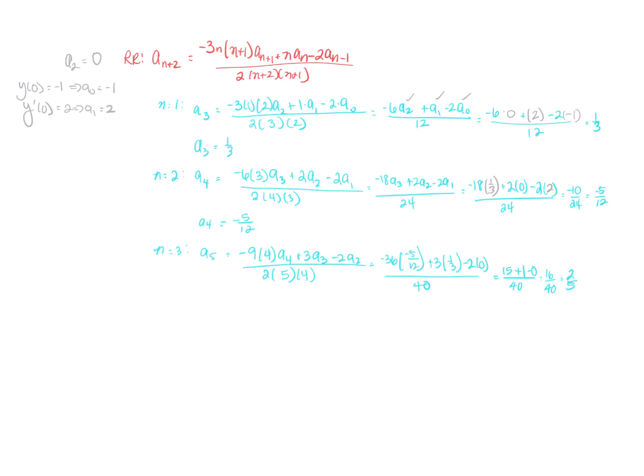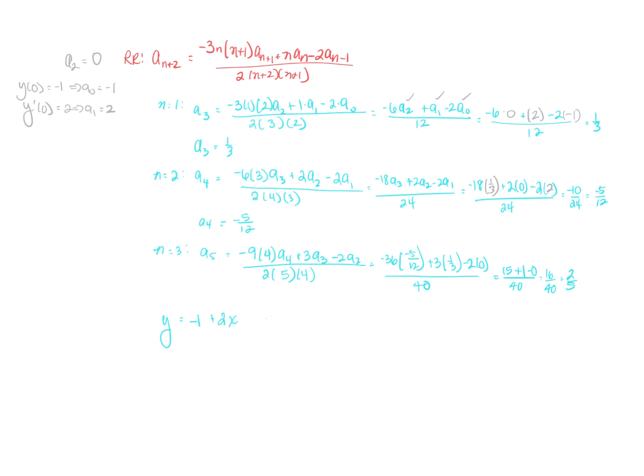So we could keep going, but I think we have enough to say that our y equals a naught, which is negative 1, plus a1, 2, x to the 1, plus a2, which is 0. We know that, so we don't have an x squared term.